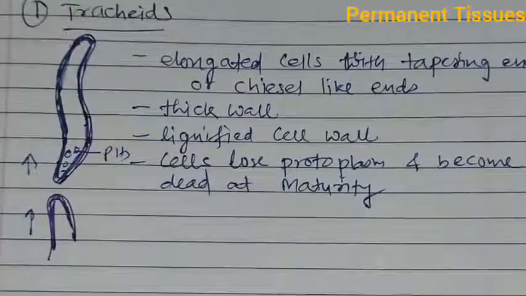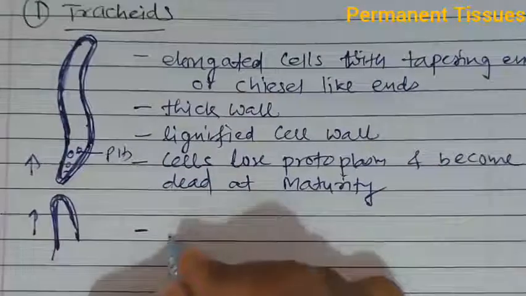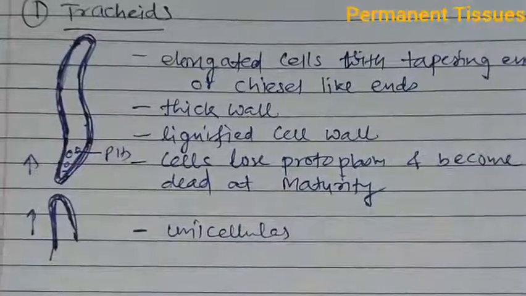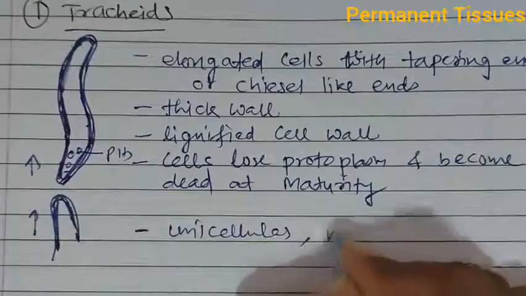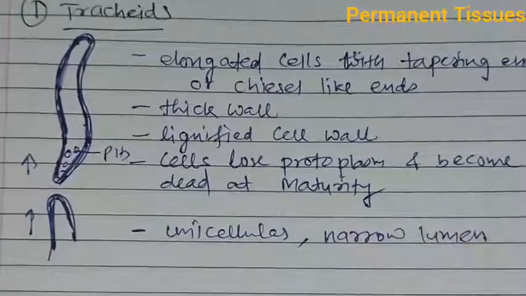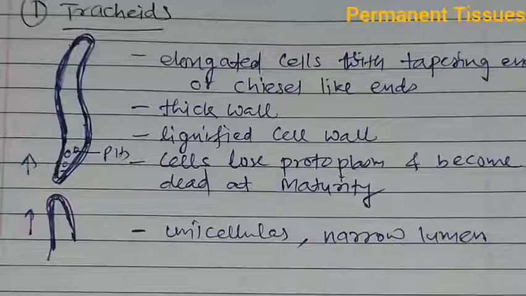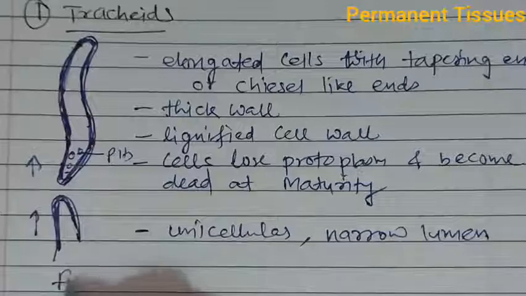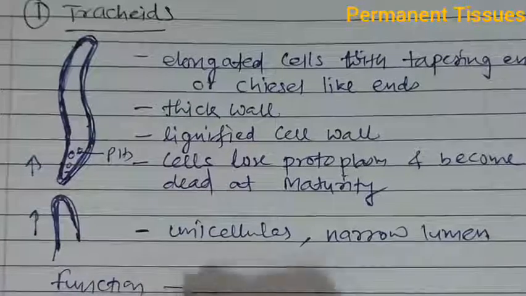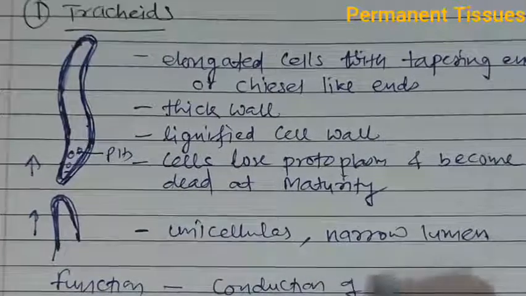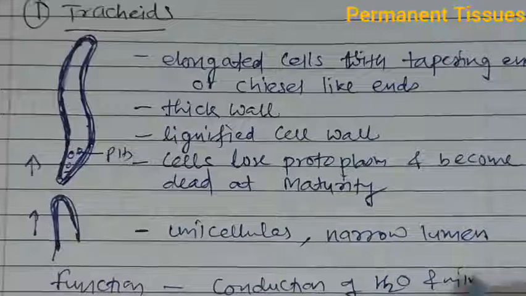These tracheids are unicellular and they have a narrow lumen. Why do they have a narrow lumen? Because due to loss of protoplasm, the lumen gets reduced. So these are the structural parts. Now we talk about function. The first function is the conduction of water and mineral.